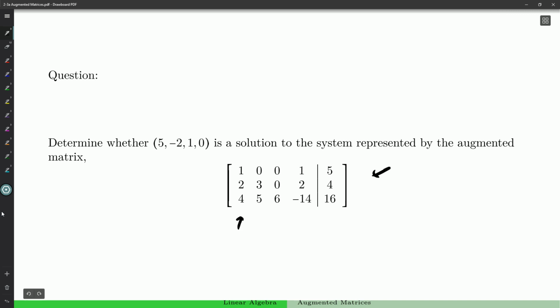Each column on the left of the bar is going to be assigned a variable. There are 4 of them, so let's go x1 through x4. Now we write our first intermediate step: 1, 0, 0, 1, and then a 5. The bar turns into an equal sign.